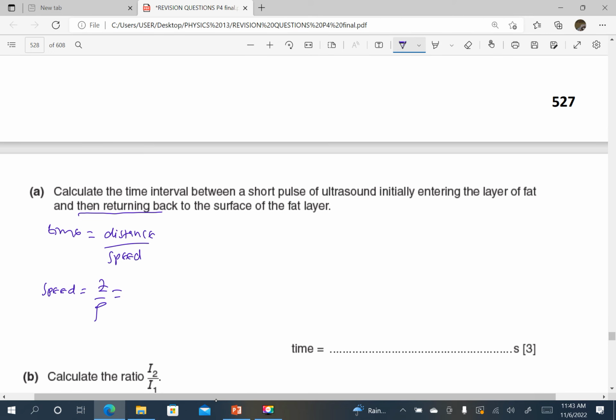They gave us Z for fat as 1.4 times 10 power 6, and they gave us the density as 940 in the above table. You can check. So that is the speed. But remember, the distance is twice. So the time is going to be 2 times the distance in one direction, which is 1.1 times 10 power negative 2 to change it to meters, then divide by the speed. So in the numerator, we shall have 1.4 times 10 power 6.